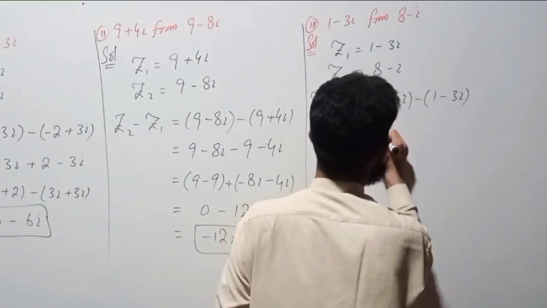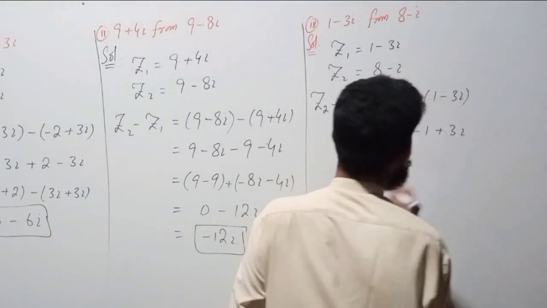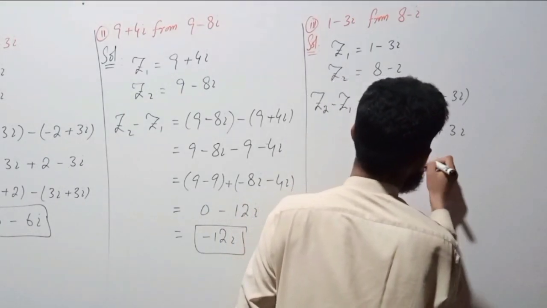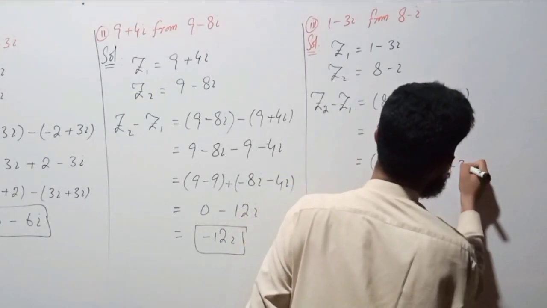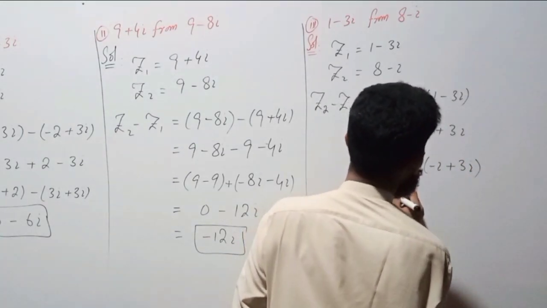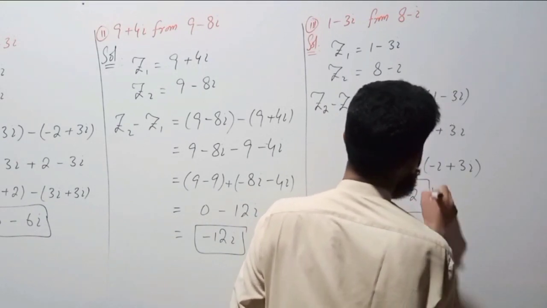Applying the negative, 8 minus iota minus 1 plus 3 iota. Real part with real part, 8 minus 1, plus negative iota plus 3 iota, gives 7 plus 2 iota. This is the required result.